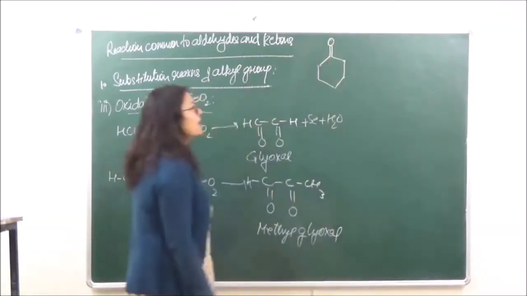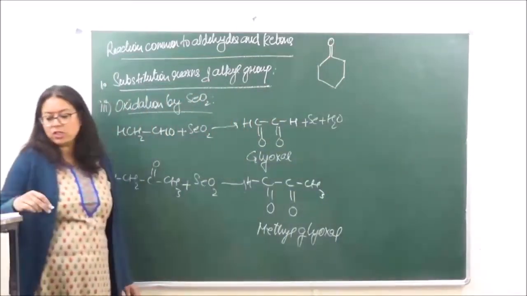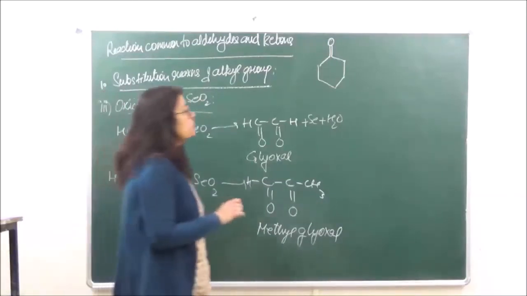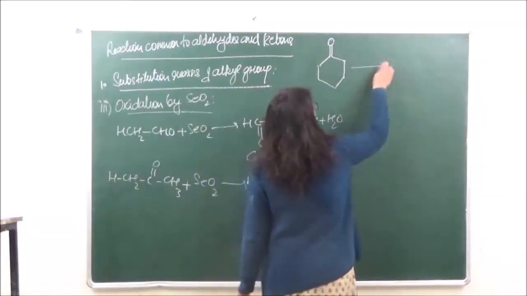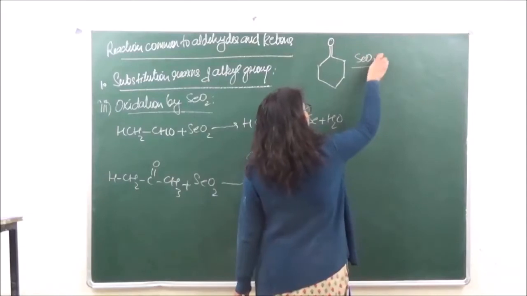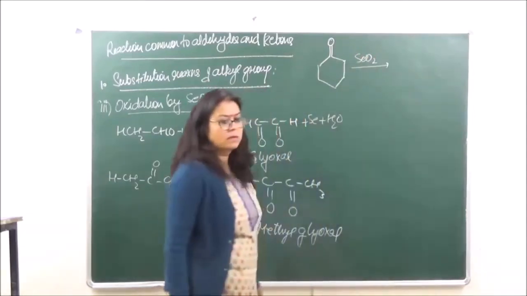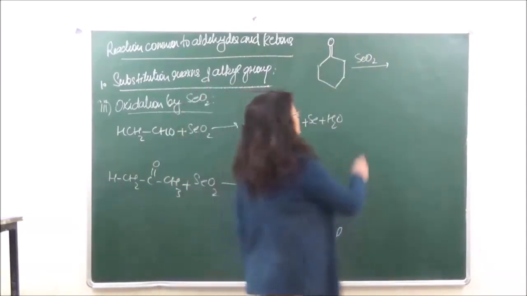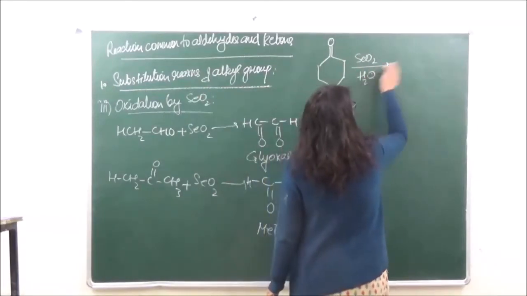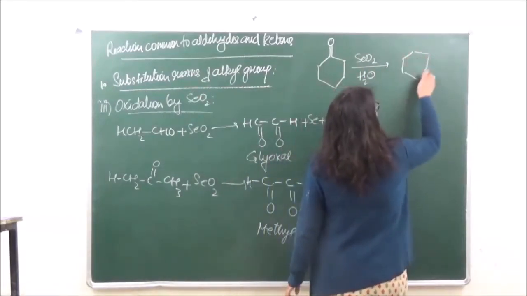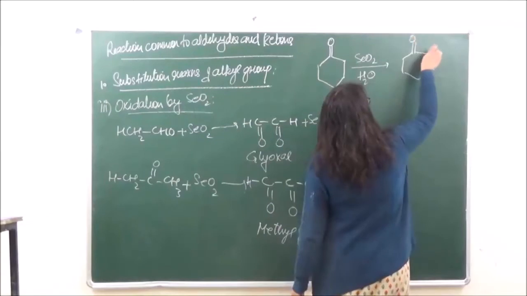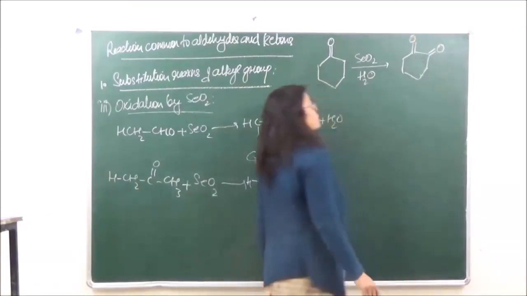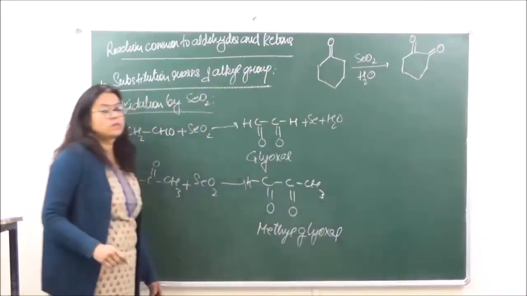at the alpha carbon atom, there is going to be oxidation which will take place. The reaction we are doing in presence of water. The product which we are going to get over here is this.